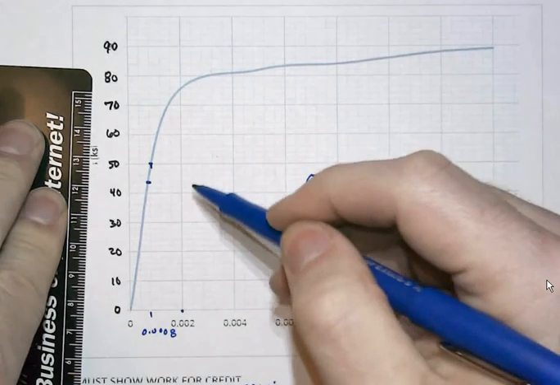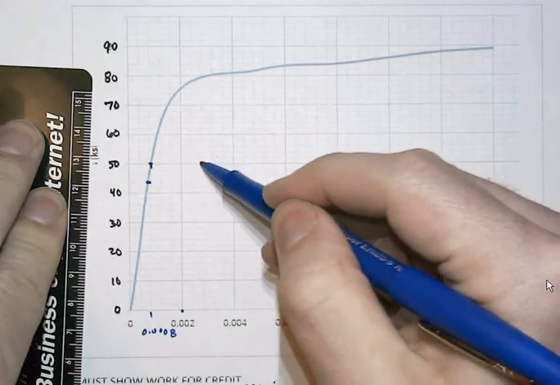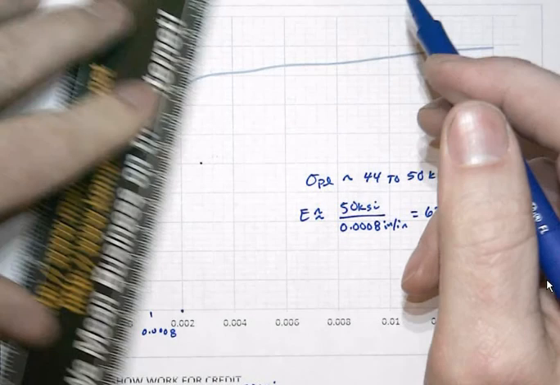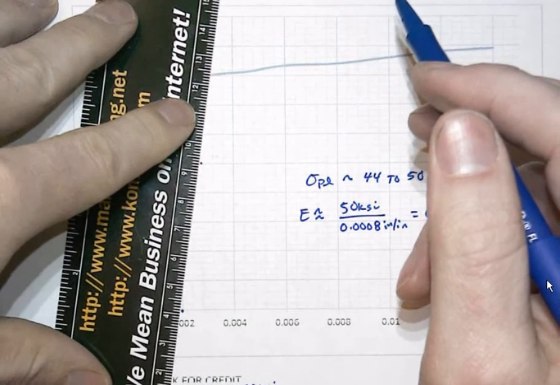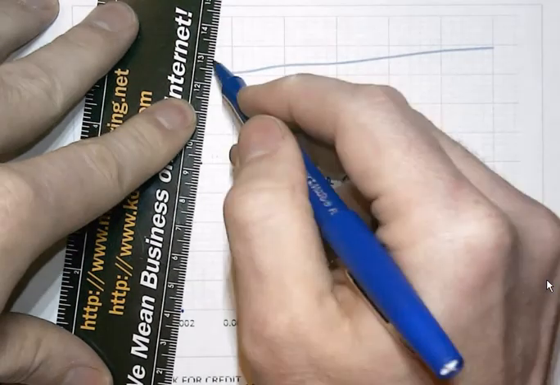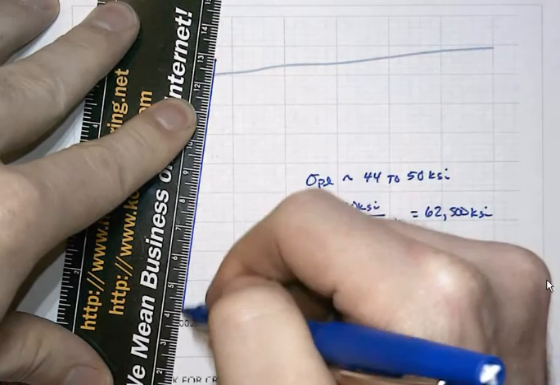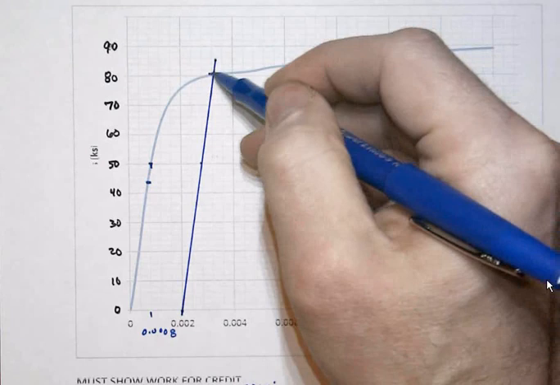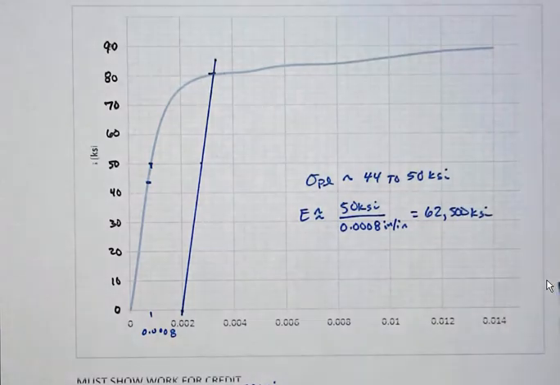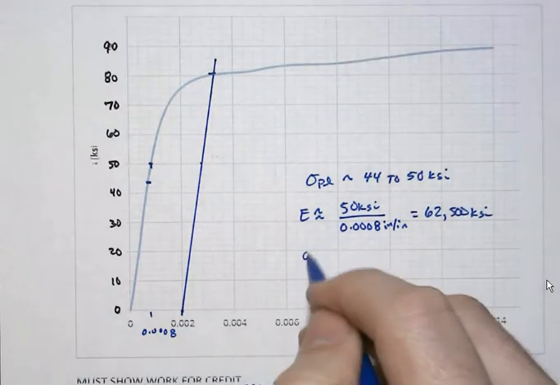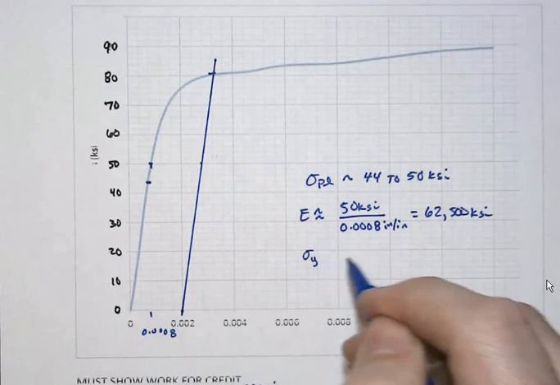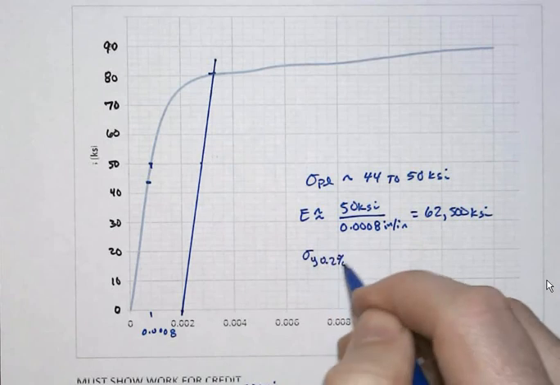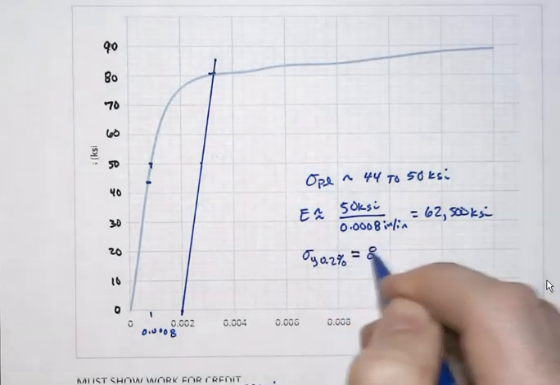So that means go up to 50, go over 2 blocks, and that would give us 2 points from which we could draw our straight line. And where that intersects our data, that would be our yield stress using this particular method. And for this one, that would be about equal to 80 KSI.